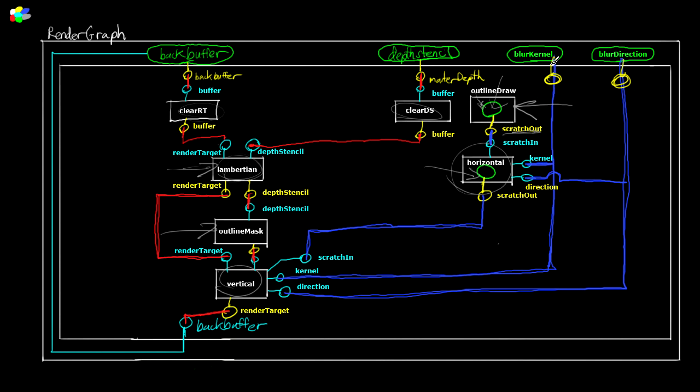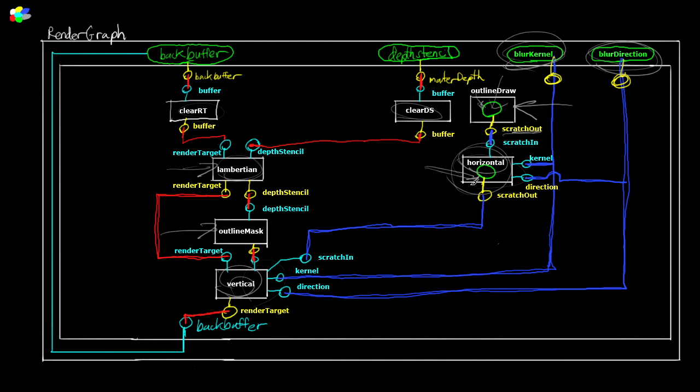And it is actually sharing some constant buffers. You know that the horizontal and the vertical blur both need the kernel and the blur direction. So instead of having two separate ones, we're going to share them between these two passes by making them global. These global bindables can be sourced into the horizontal and the vertical pass.